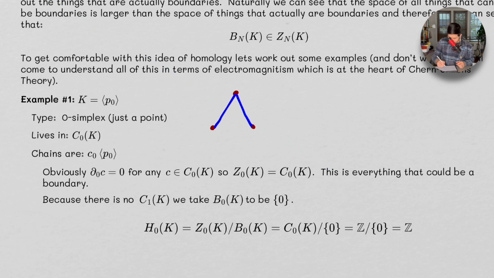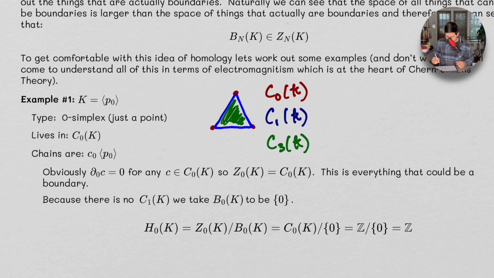We had boundaries on those points, and then we filled in that, well, for C0 of K, and then we had blue, we have C1 of K, and then green, C3 of K. And I'm going to reduce the thickness of my pen here.